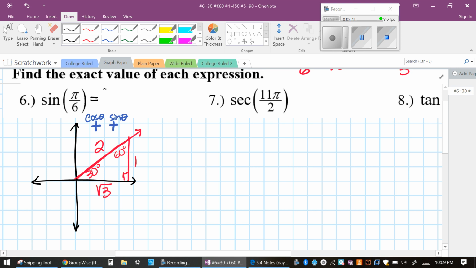And sine is opposite over hypotenuse. So using my triangle, I'm going to take opposite over hypotenuse, reduce if possible, or rationalize, and I get 1/2. Pause the video, rewind, and do whatever you need to do in case you feel like I explained something too quickly. I am going to go a little quickly on these since we technically learned this in chapter 4.